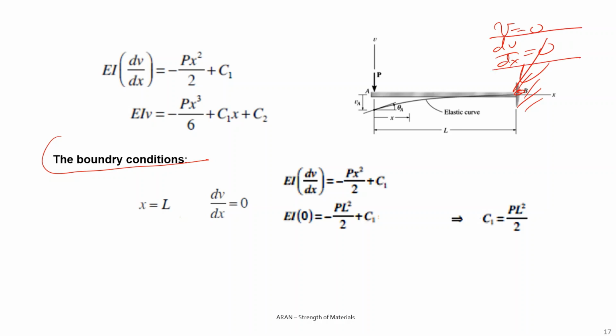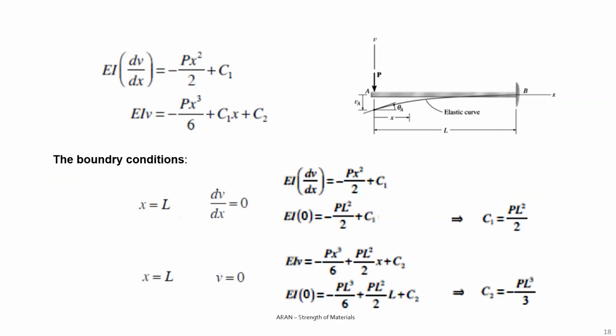So for x equal to L, dv over dx is 0, so you put a 0 here, you find C1. Now the second boundary condition, for x equal to L, deflection must be 0, and you find also the value of C2.